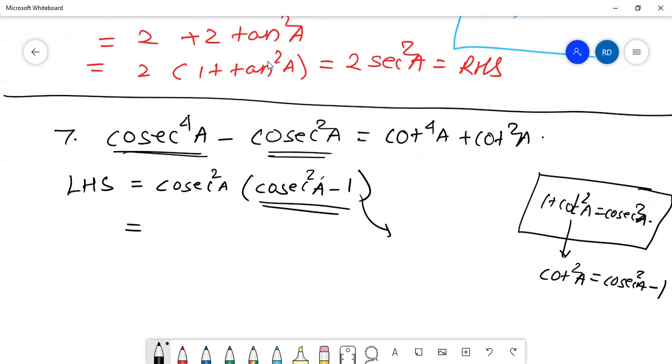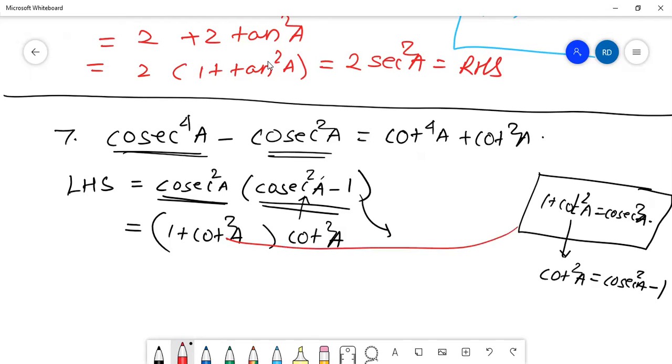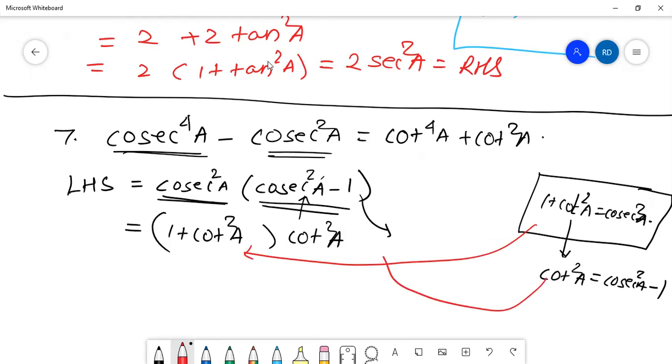Cosec square A. So in the place of this, you can write 1 plus cot square A, and in the place of this, you can write cot square A only, if you understand this. So see, here I have written this here and this over here.